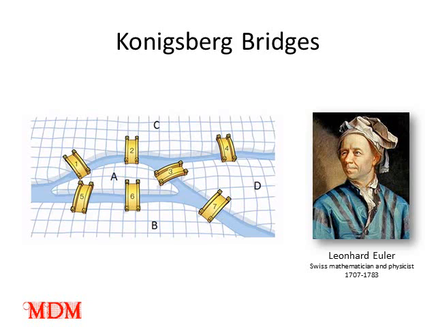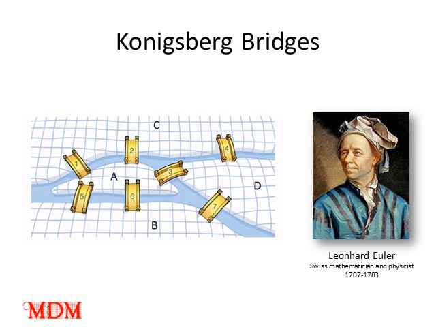The city is still in existence. It's now in Russia, and it has a different name, Kaliningrad. The people of Königsberg decided that this was a beautiful city. They enjoyed on Sunday afternoons taking strolls through the city itself and going over the bridges to the islands.